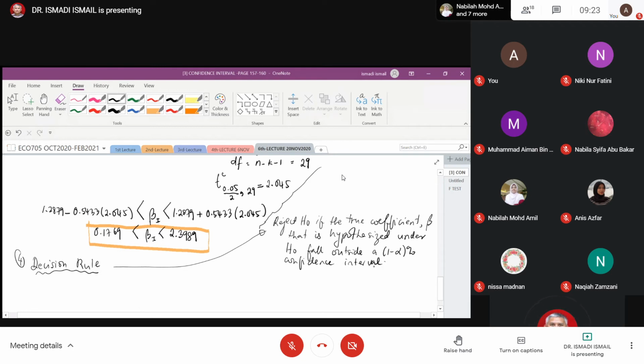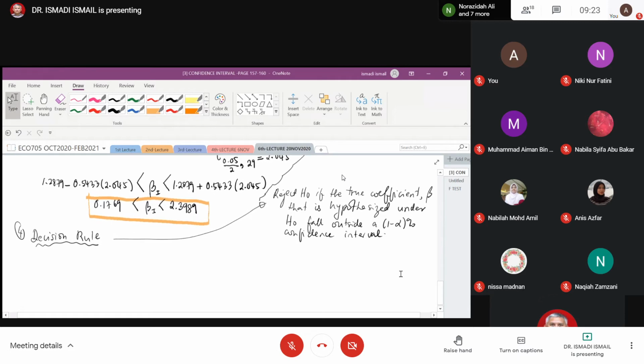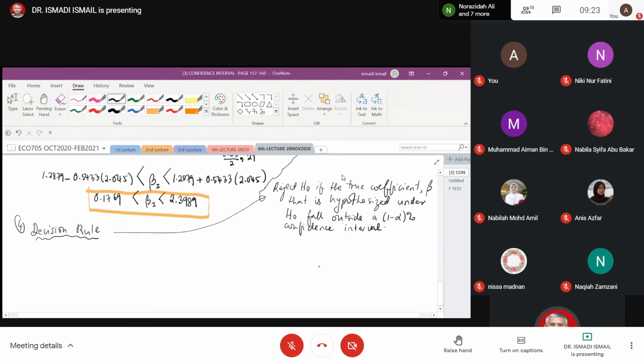The confidence interval. Okay, meaning that, let's say this is the true coefficient of beta, with the lower limit, beta with the upper limit.